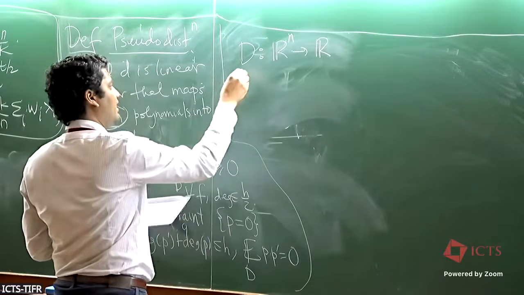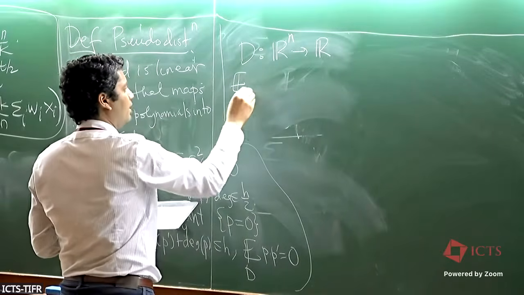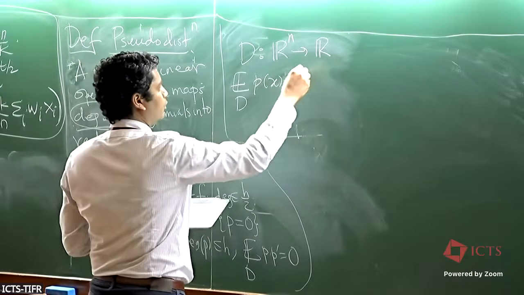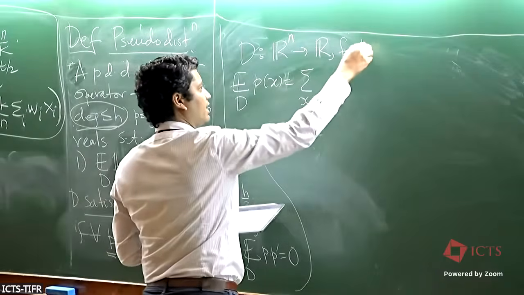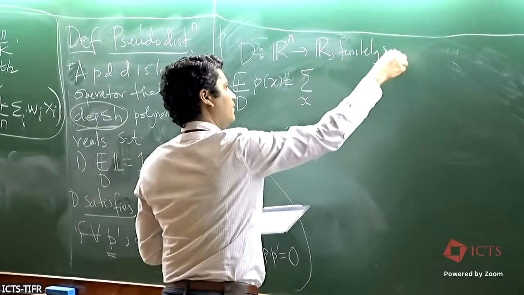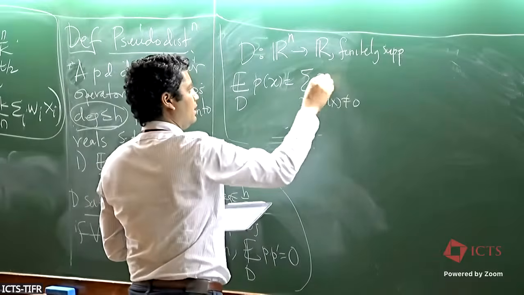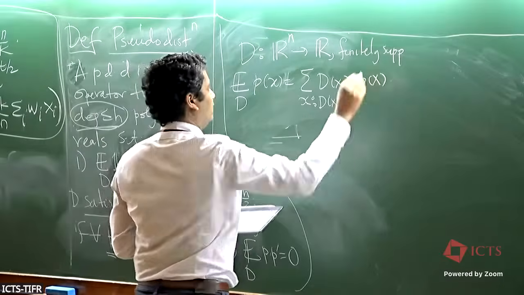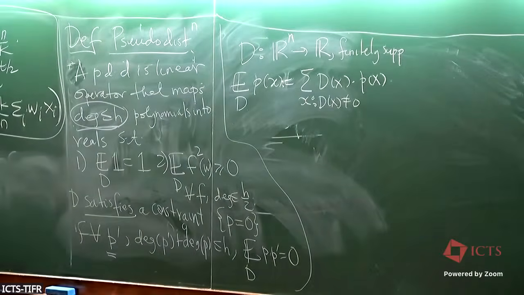And then you can define expectation under this map of any polynomial P as simply, let's say it's finitely supported because I don't want to write integrals, the sum over x such that D(x) is non-zero of D(x) times P(x). This is the definition of what expectation under D means.